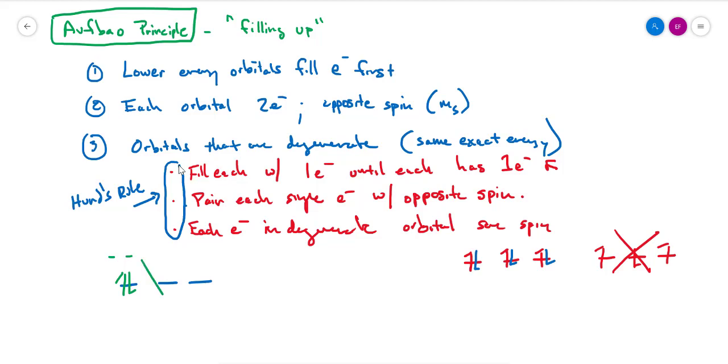It's better if you've got 1 in one and another in another. That's going to be the furthest away, meaning it's going to minimize its repulsive or coulombic energy, and this is going to be a lower energy configuration. So Hund's rule is exactly this. Fill each degenerate orbital one at a time, all spin directions the same, and then pair as you go from there.